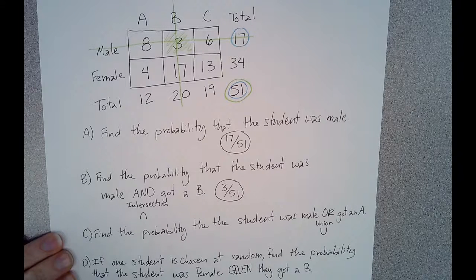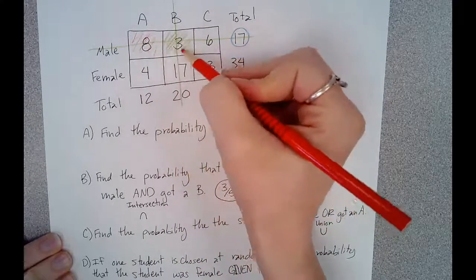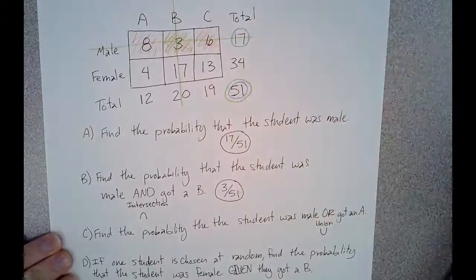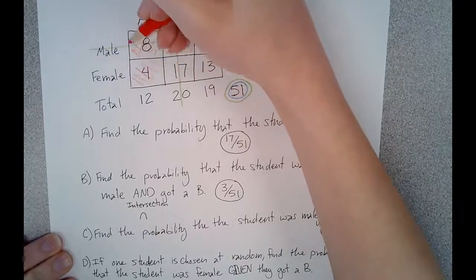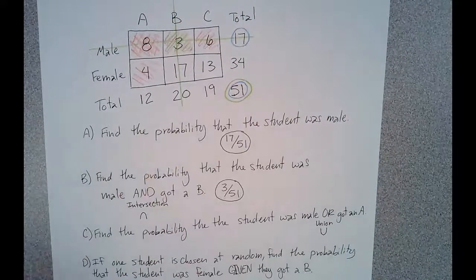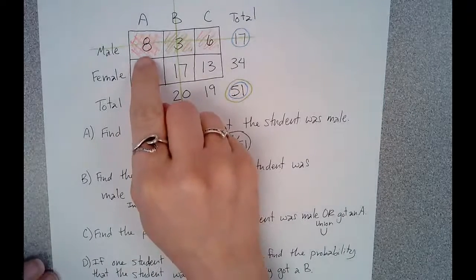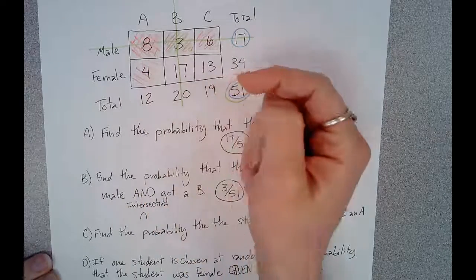So if they were male, again, that's this row, or they got an A, getting an A would be this column. We're happy as long as they're in any of those boxes that have that red shading on them. But we don't want to count these 8 twice. You can see they got shaded twice in red. So we've got a couple different options.